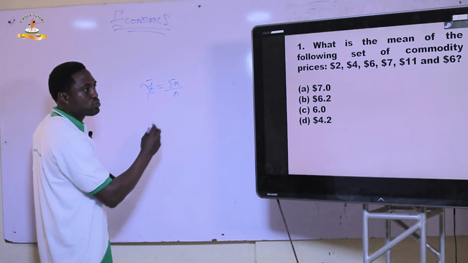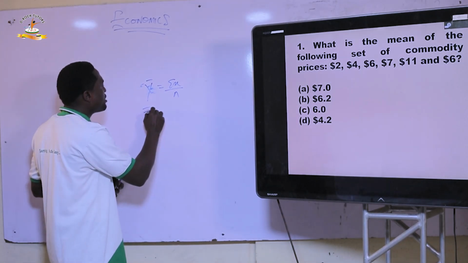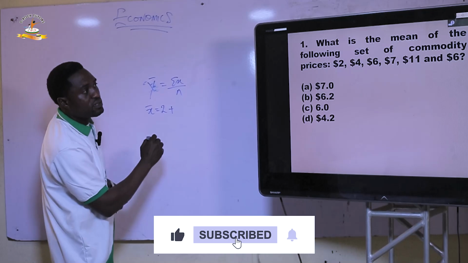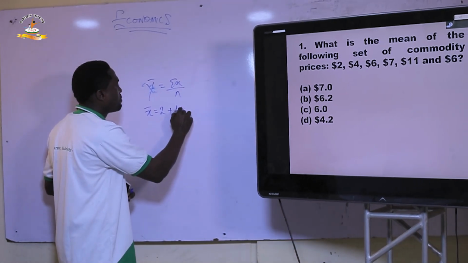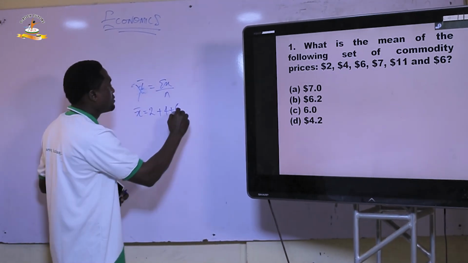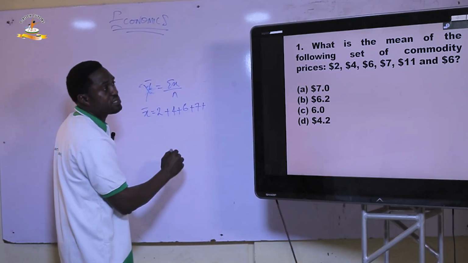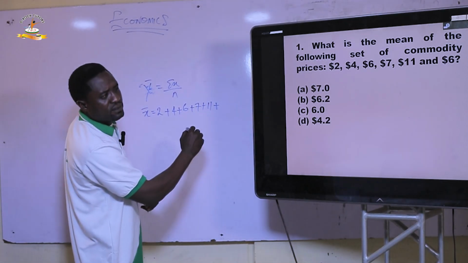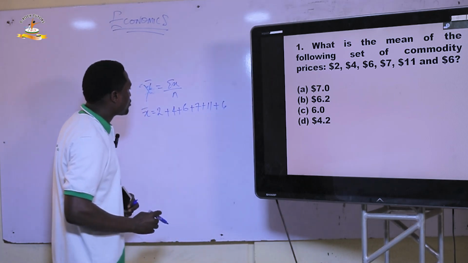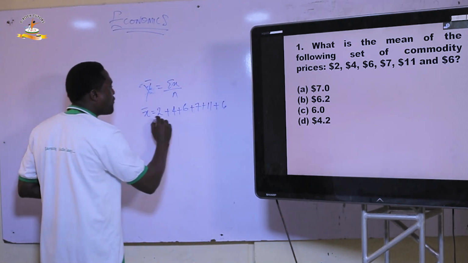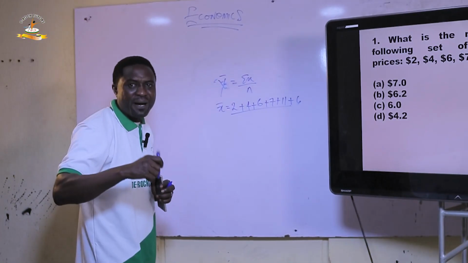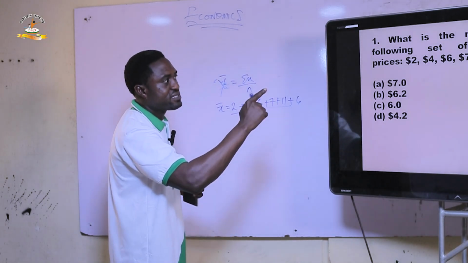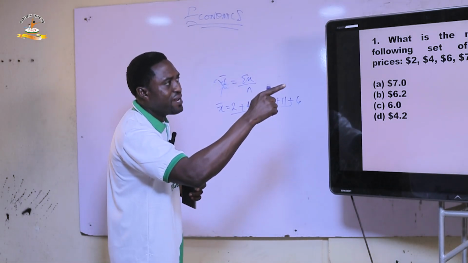So we have to add them together. That is, mean equals $2 plus $4 plus $6 plus $7 plus $11 plus $6, over n, the number of values: 2, 4, 6, 7, 11, and 6. 1, 2, 3, 4, 5, 6.